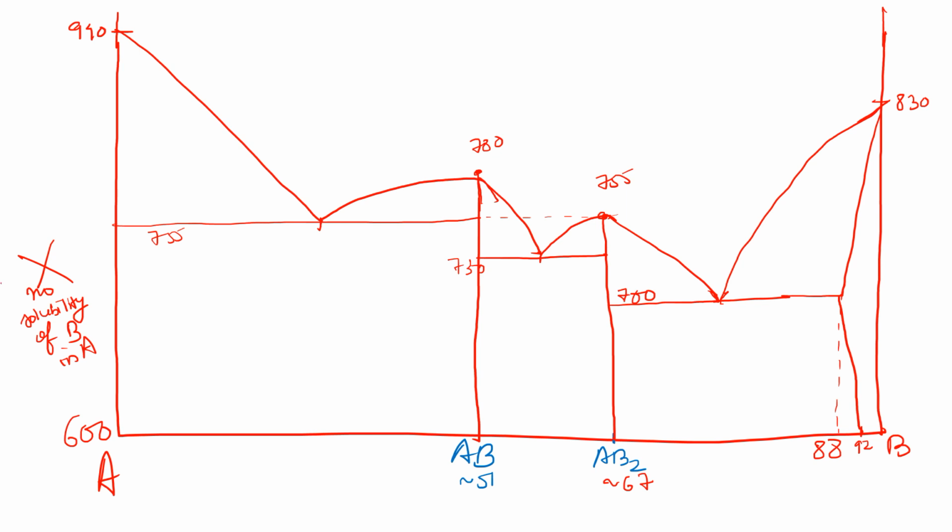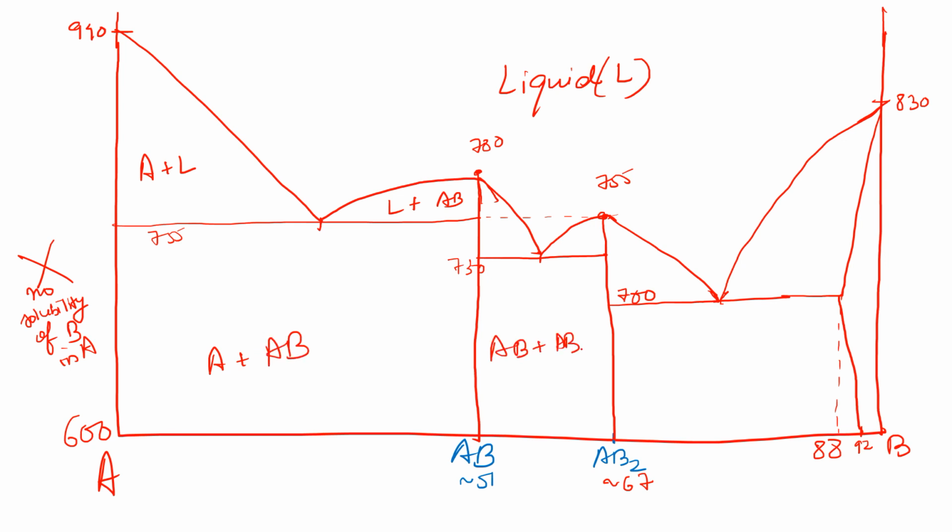So yeah, this is the hypothetical phase diagram that was asked. It's easy to fill out the phases now. This is pure A, so this is A plus liquid, and liquid denoted as L. This is AB here, and this is liquid, so L plus AB, and this is A plus AB in this phase field. Then we have AB plus AB2, and then AB2 plus beta.